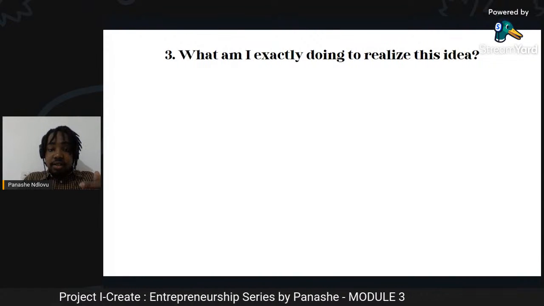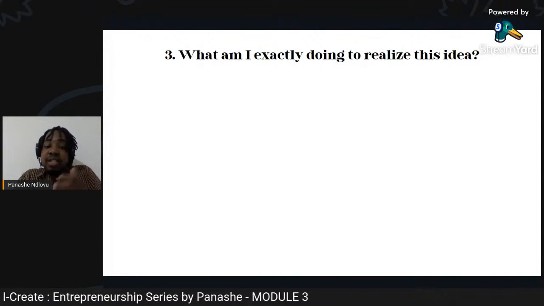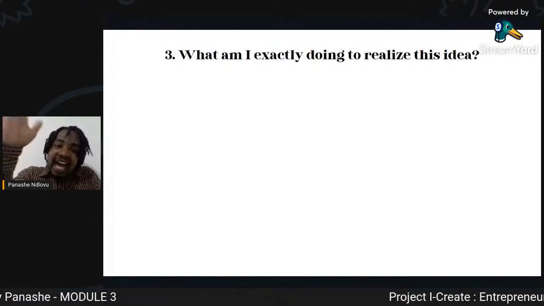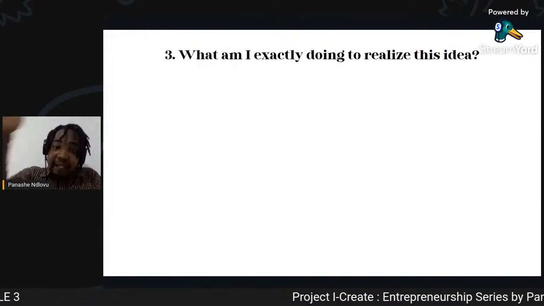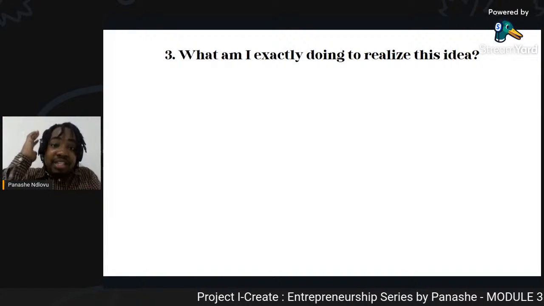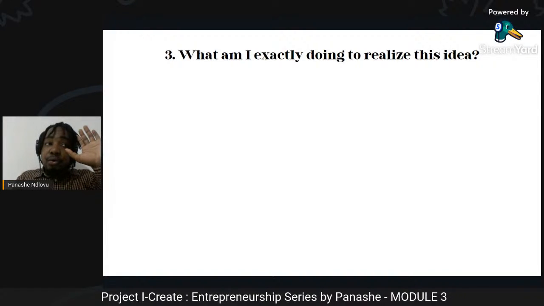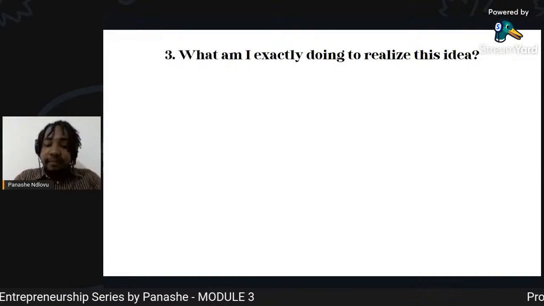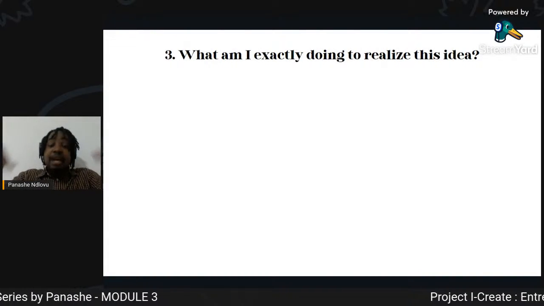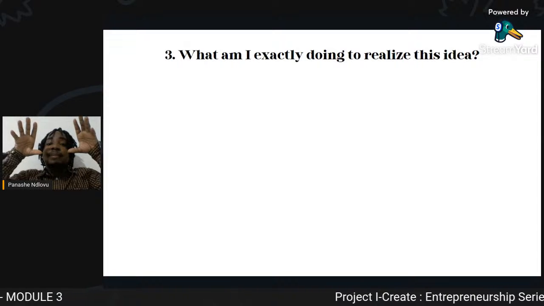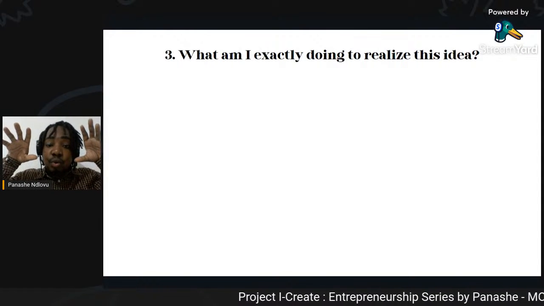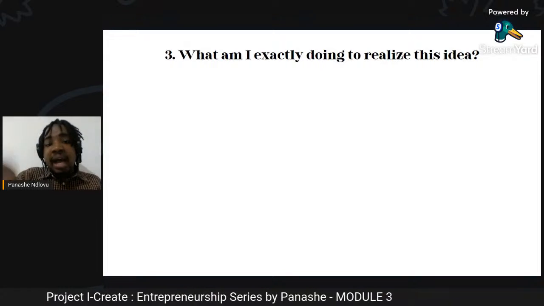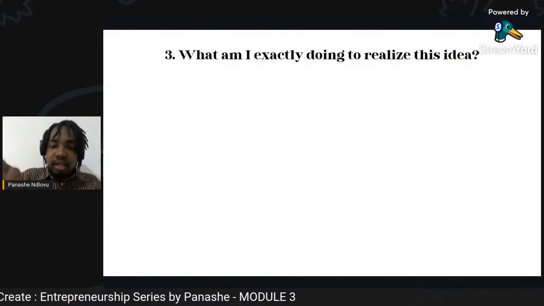right, if you don't know what's working and what's not, because the true testing ground of a business idea is its market. The market will tell you whether your business idea is something that they need. And this is something that you might always want to think about as an entrepreneur as you are implementing your idea. And this is something that's going to determine whether your business is going to work or not.